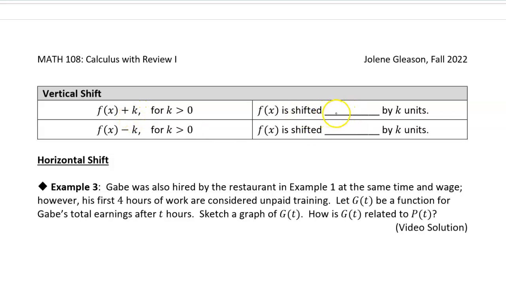So f of x plus a constant, k, if k is positive, then f of x is shifted up by k units. Now, if we take the output of f of x and subtract a positive constant from it, then it's going to shift it down by k units. Okay? So that's just a summary of how vertical shifts work. And then we're going to talk about horizontal shifts next.